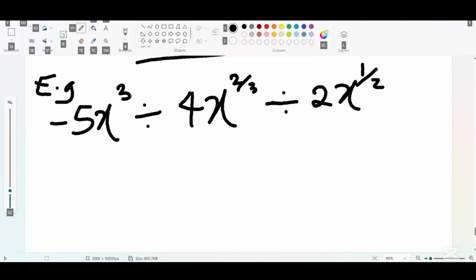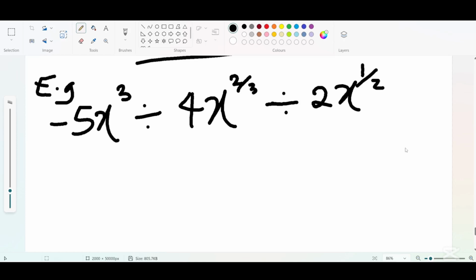Okay, now we want to look at another example. In this example, what we see here is that this is division instead of multiplication. When we have division, it indicates that we subtract the powers. Which means we divide the coefficients, but we subtract the powers.